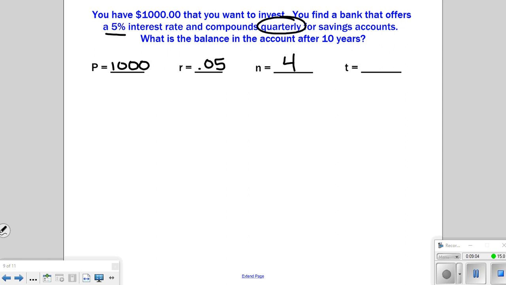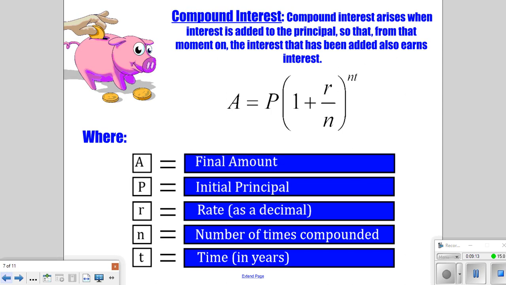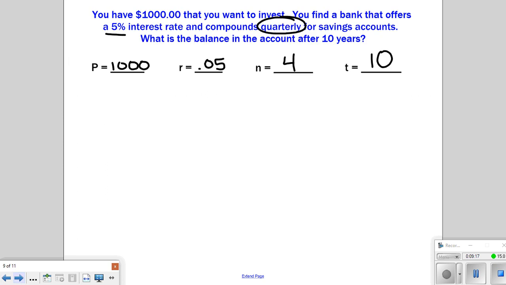The next thing that we need to do is write ourselves an equation. If we look back, our equation is right there on the board. We say our total amount is going to be our initial amount times 1 plus our rate over our number of times compounded.